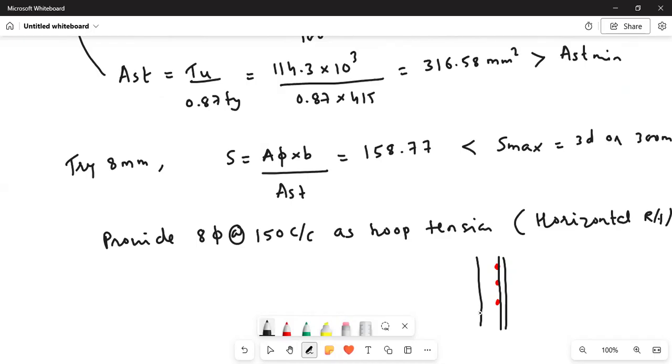The minimum reinforcement that we provide in the element, in the silos. Okay. So already we have determined what is the minimum reinforcement that is to be there in the silos, in the wall. So Ast minimum is 180 mm square.